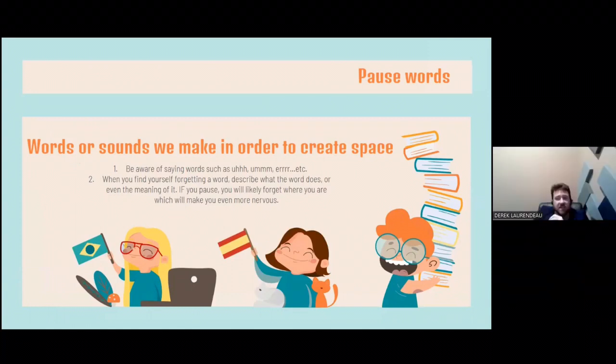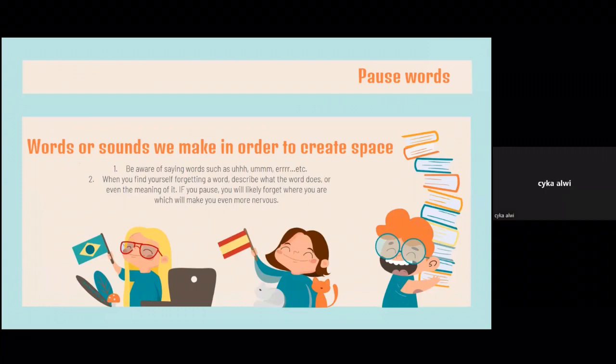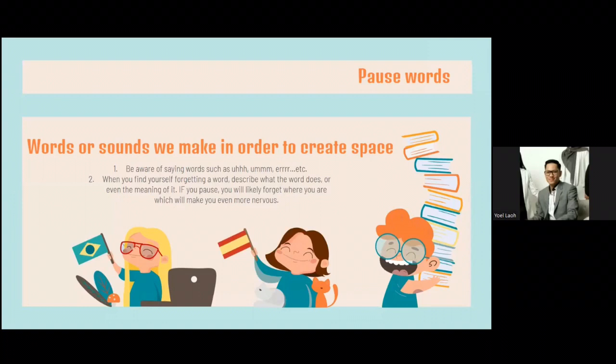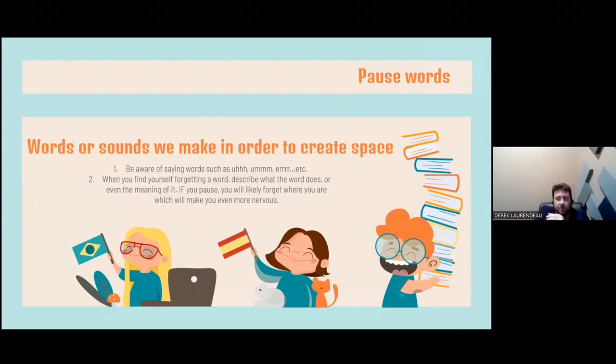This is one of those things that happens when you get nervous. Occasionally it happens if you forget a word, right? You're trying to give yourself a moment to think so that you can figure out what you were trying to say. That's okay. If you do this, it's not the end of the world, but it can be extremely distracting.